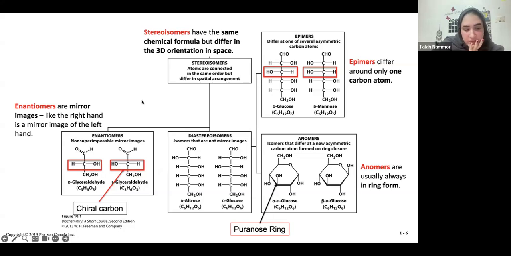We'll talk about what glucose and galactose are at the end. We have different kinds of stereoisomers: enantiomers, anomers, and epimers. These are the ones that the doctor looked at.